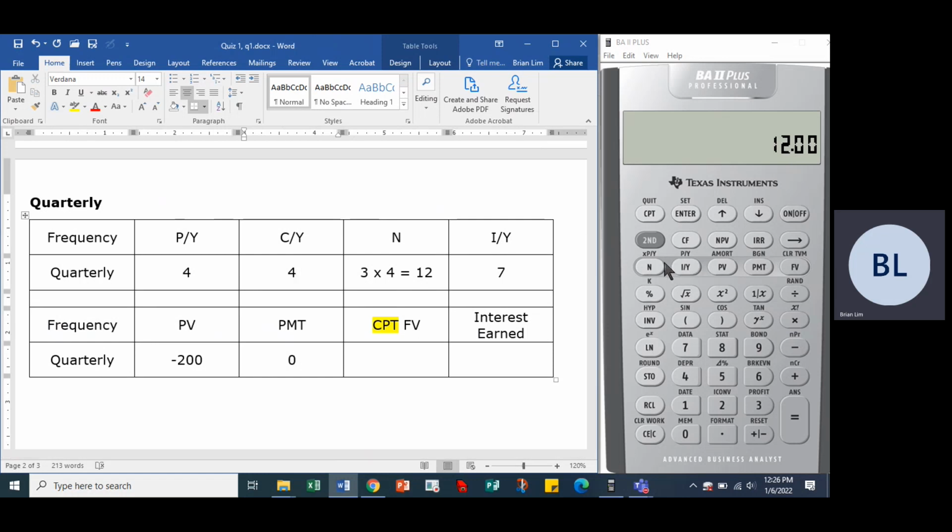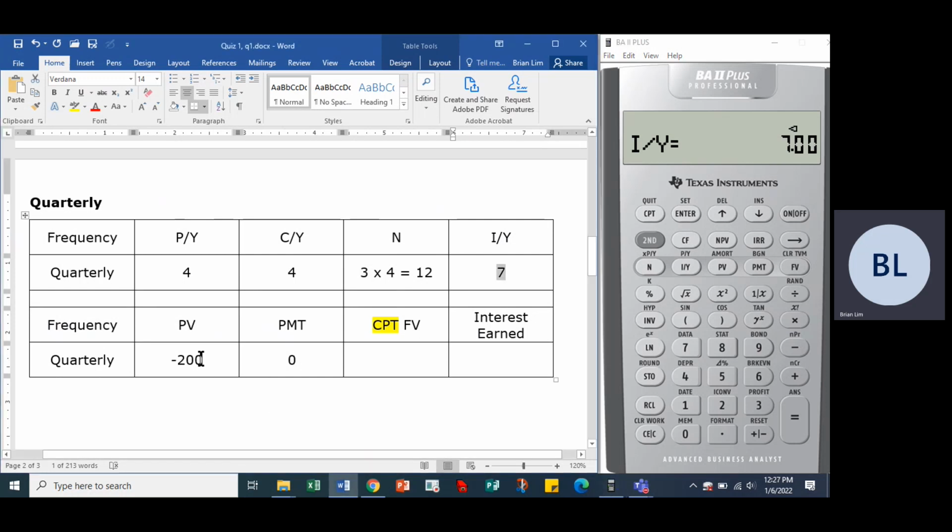But that number has to be entered as the value for N. So we press N, and there we have the equal sign. So now that number has been entered. So N is now equal to 12. All right, the interest rate is 7%. So we press 7 and we click on IY. And there it is, IY is equal to 7.